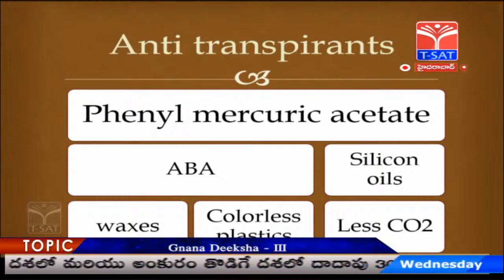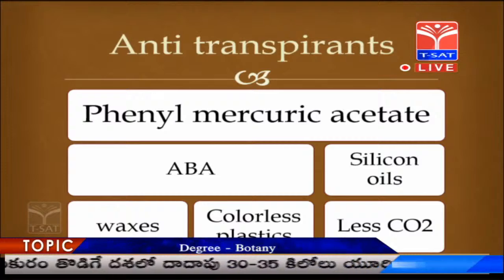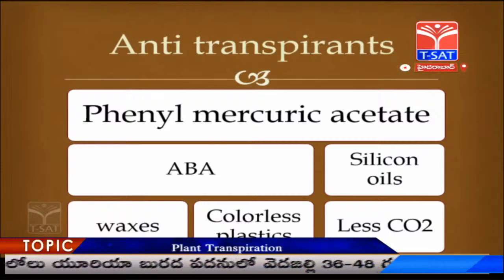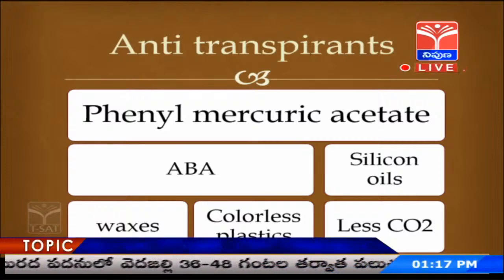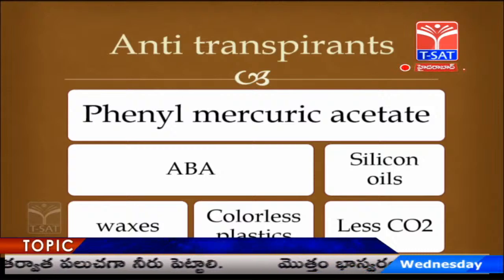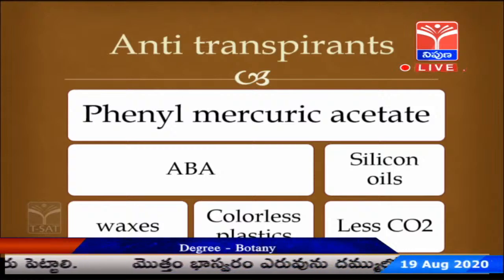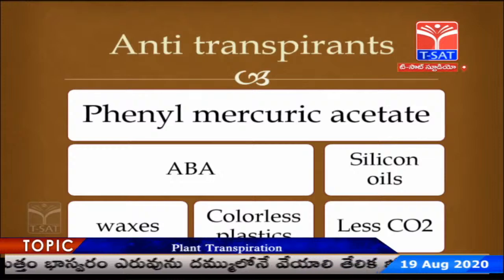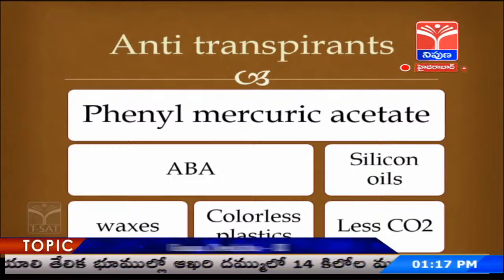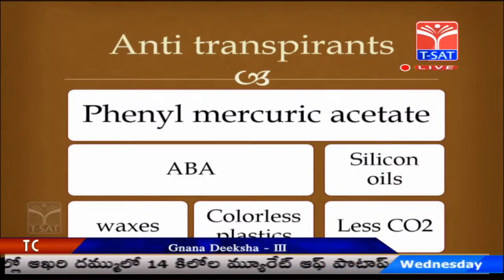This anti-transpirant could be a normal phytohormone, that is ABA, or some other kind of chemical which, applied in very low concentration, can lower the rate of transpiration. Now, phenyl mercuric acetate, which we are seeing over there, is usually not harmful, and very conveniently, for commercial purposes, it can be used to reduce the rate of transpiration.